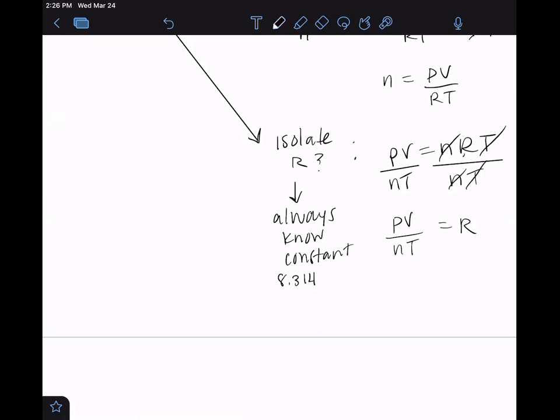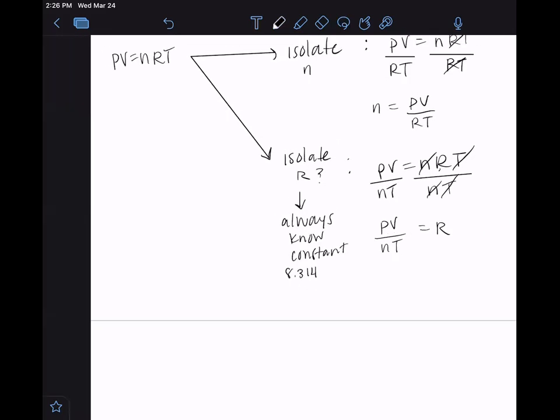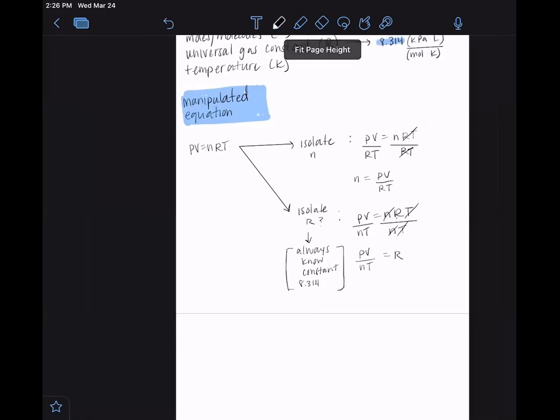But you're really going to be focusing on how to manipulate this equation for anything like the pressure, the volume, or the temperature, or the number of moles. You'll never really have to isolate for R. I just wanted to show you that you could do that if you'd like, okay? But in theory, that's just different ways to manipulate. You'll always know this constant, so you're never going to have to find it, but again, just an example.